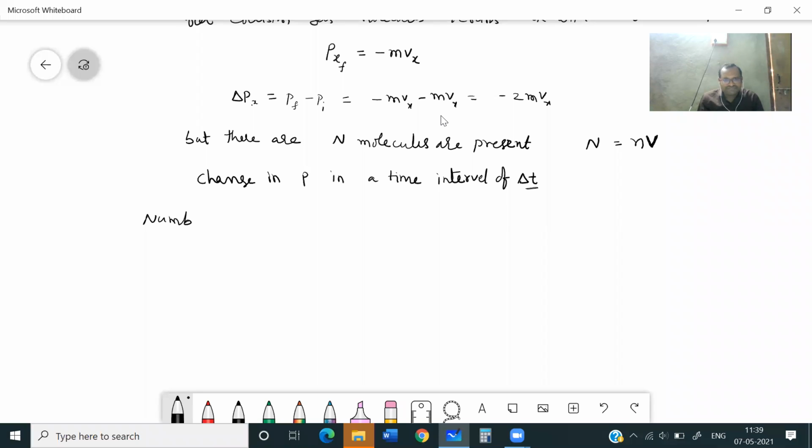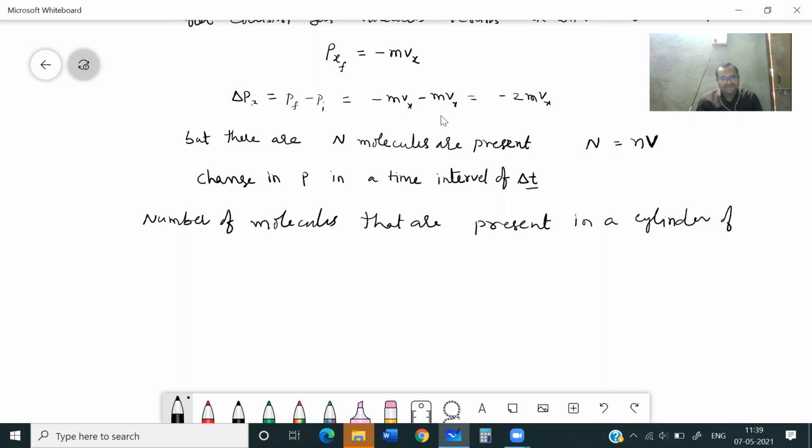So the number of molecules that are present in a cylinder of length Vx into delta T and area capital A is N is equal to small n into volume.